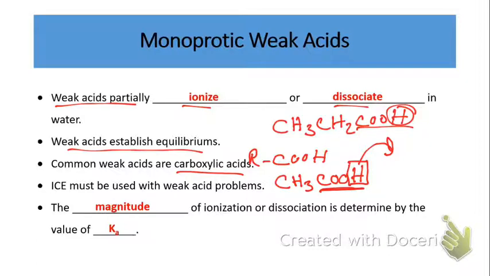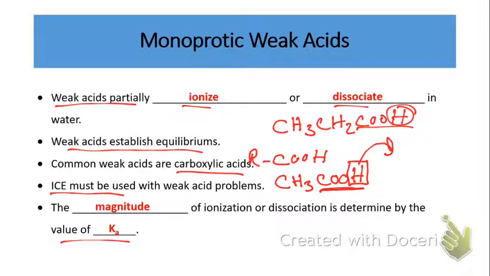Oh, first of all, because weak acids form equilibriums, to solve weak acid problems, we must use ICE. Just like we use ICE for other equilibrium problems, we're going to use ICE for weak acids as well. Now, the magnitude of ionization or dissociation is determined by the Ka value.